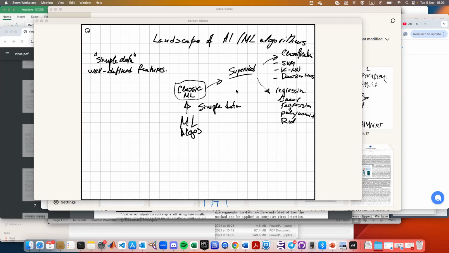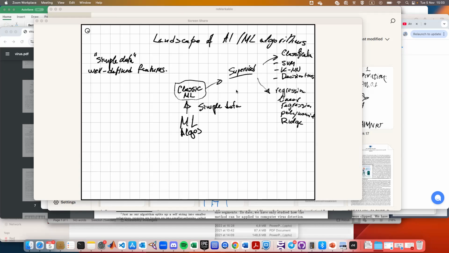Ridge is a regression with regularization. So those are some of the options.